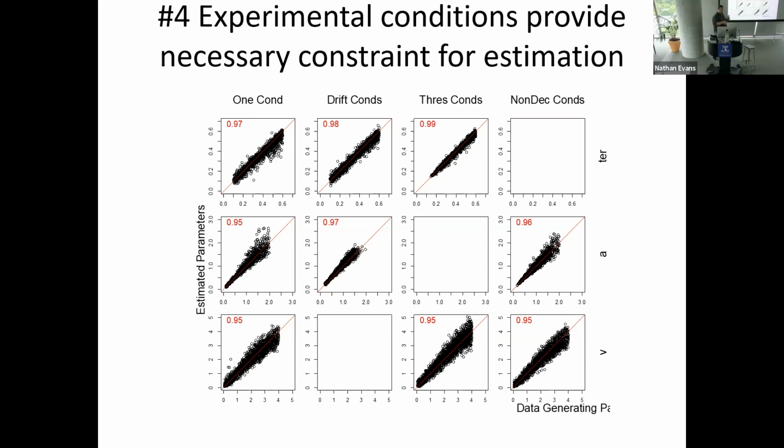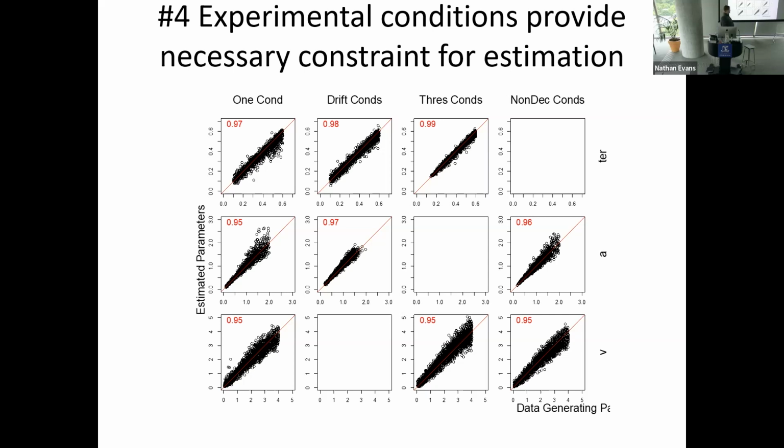If you're just trying to estimate on one condition, your estimation will be poorer than if you have multiple conditions that you can constrain a parameter over, because it better separates out the parameters. This is something I always believed myself, just intuitively. I think there's probably some papers that have done some basic versions of this that I can't remember off the top of my head. But again, this doesn't seem to bear out in the simulations, right?